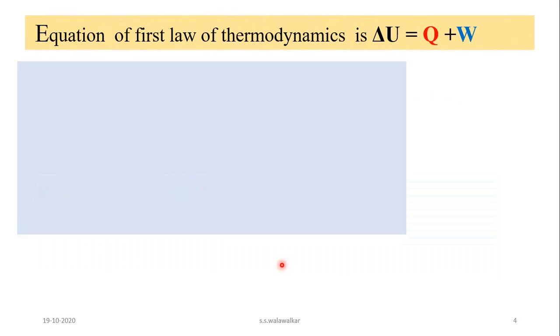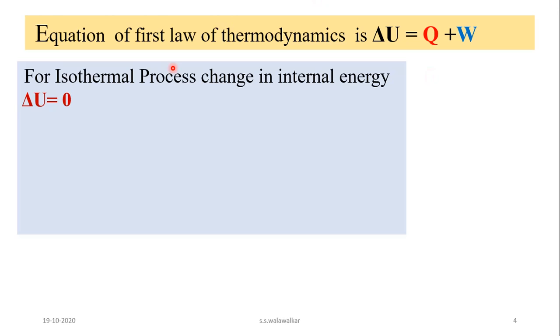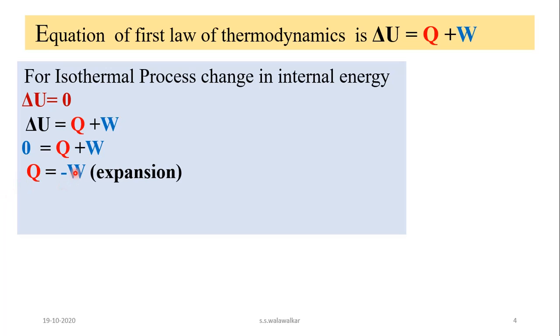Now according to the first law, delta U is equal to Q plus W. Substituting delta U equal to 0, we get 0 is equal to Q plus W, where Q is heat supplied and W is work done on the system, and therefore Q is equal to minus W.